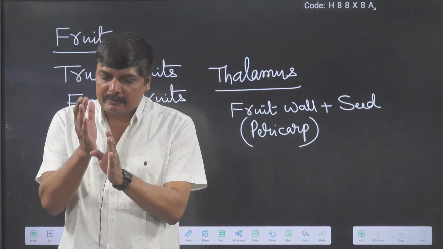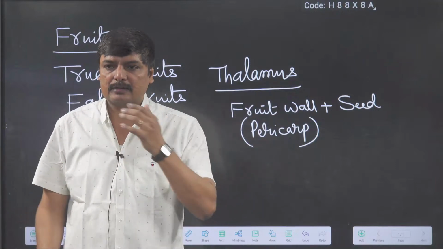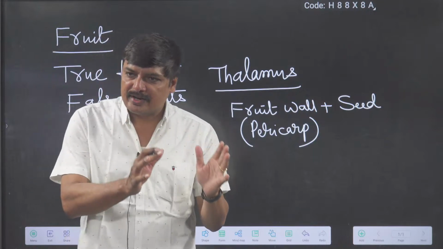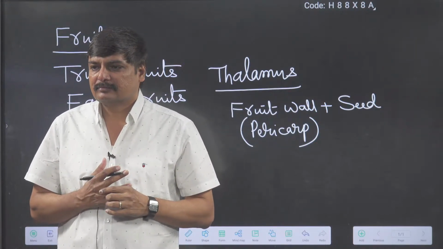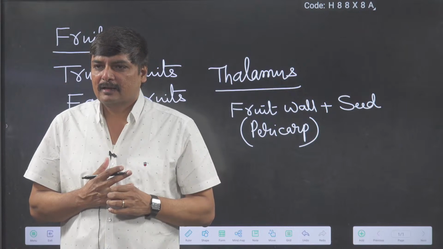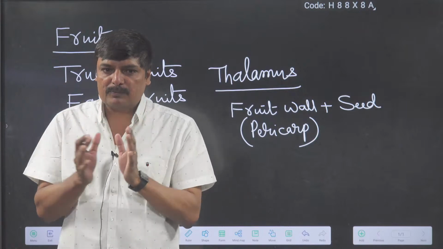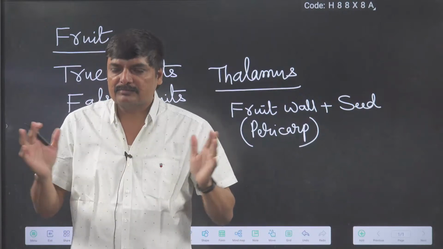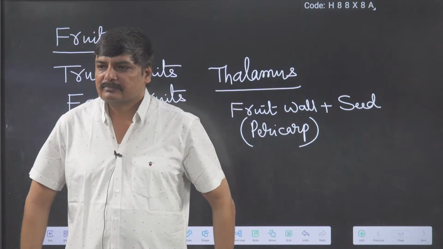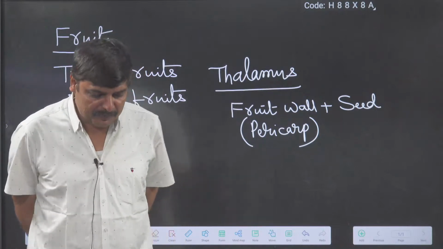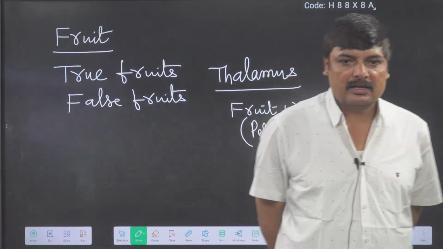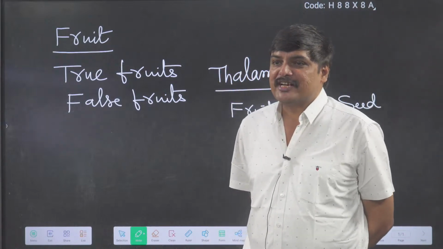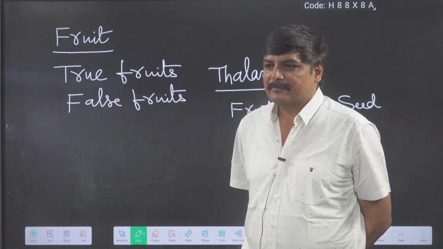Pericarp may be fleshy or dry, correct? In which type of pericarp is it differentiated into three layers? Very good. Fleshy.